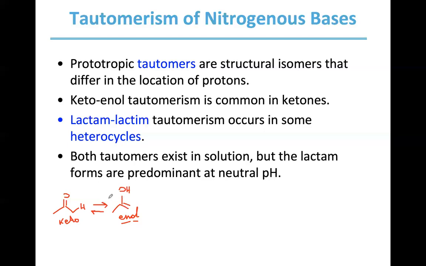And so this equilibrium is shifted to the left, primarily due to the stability of the carbonyl group. So whenever we have a chance to create carbonyl groups, do it. Carbonyls are good.